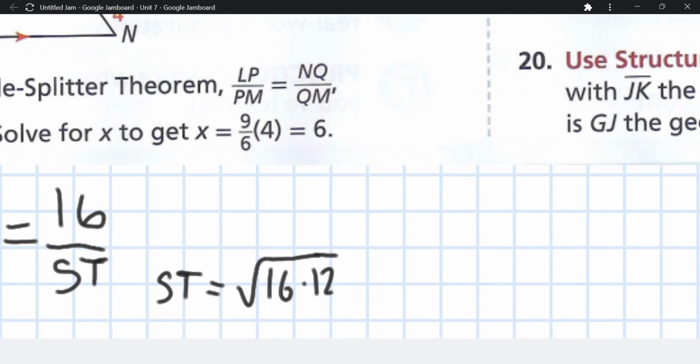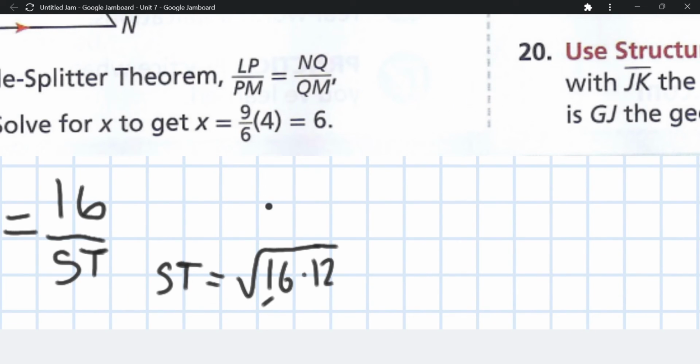So these things break down, right? This is 4 and 4. This is 6 and 2, or 4 and 3. So let me break these down. I have 1, 2, 3 fours. For every one of those 4s, I have a 2 that I can pull out.